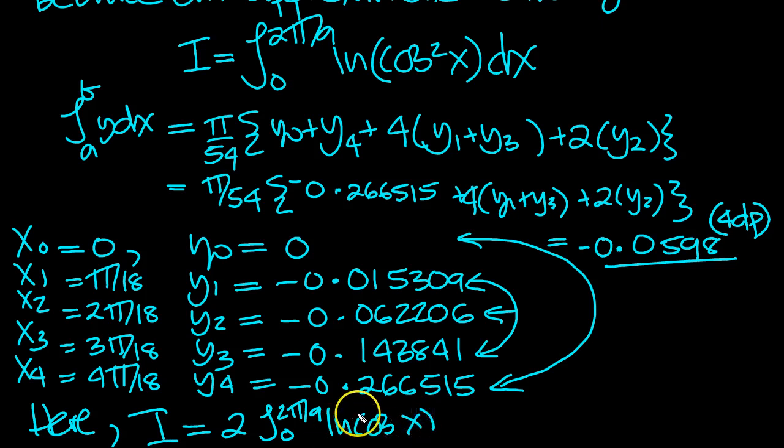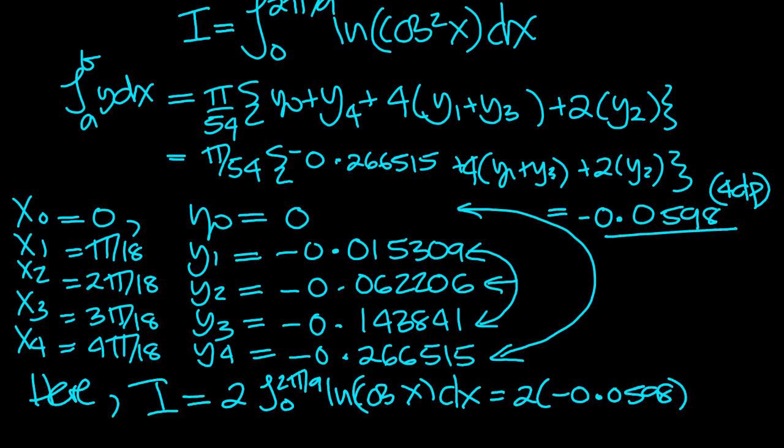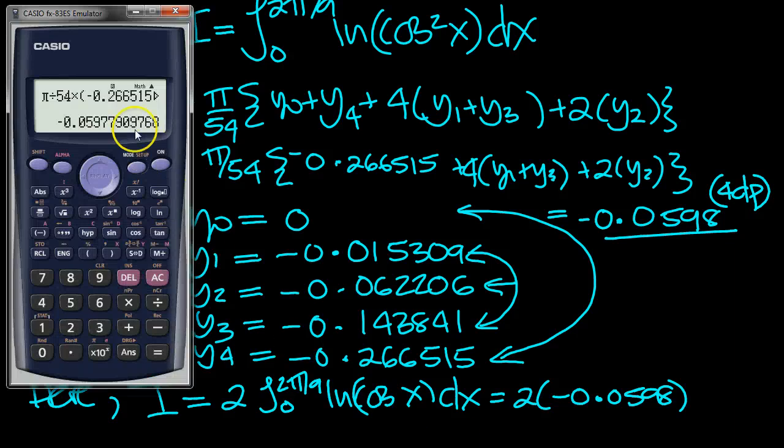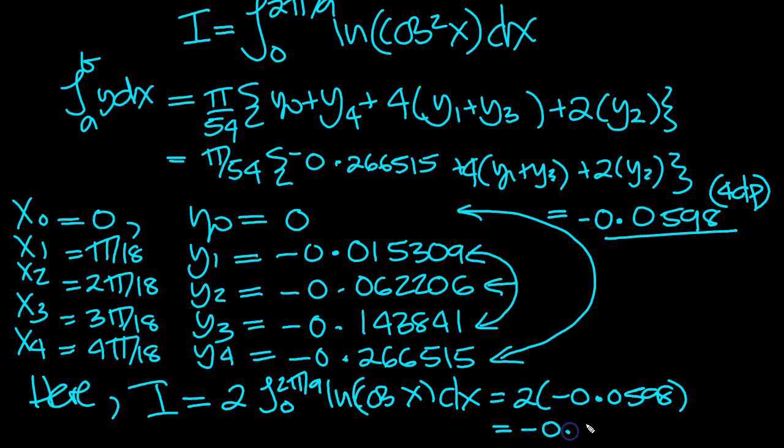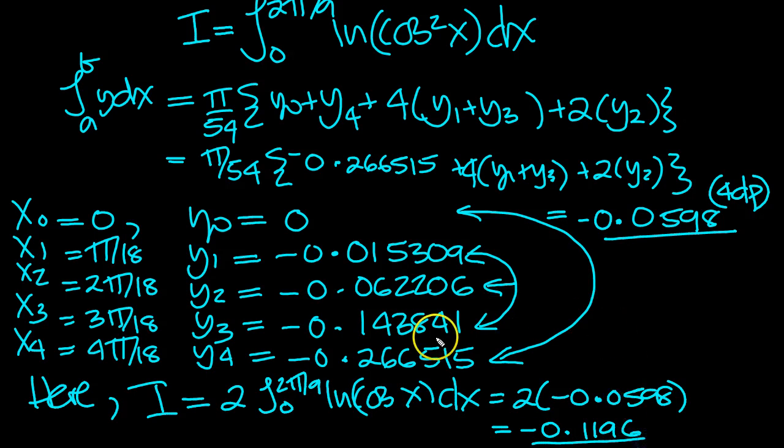We've already got a value for this, so it would be 2 times minus 0.0598. Tap that in the calculator, times this by 2, and we've got minus 0.1196. So there we go. That's the final part completed.